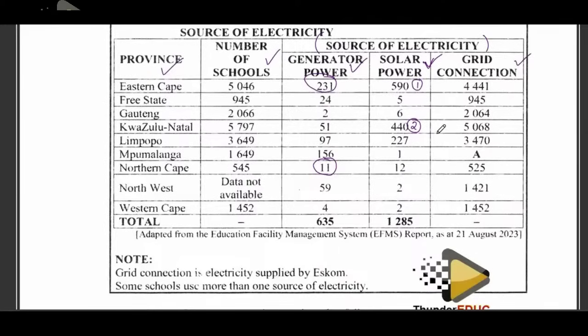Here we say Mpumalanga, these are the number of schools in Mpumalanga. Look at that. We have this much. But when they are distributed, when we add this, it does not add up. Even here, when you add this plus that, you don't get the same answer as this much.